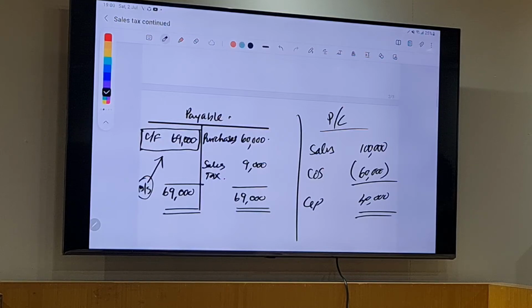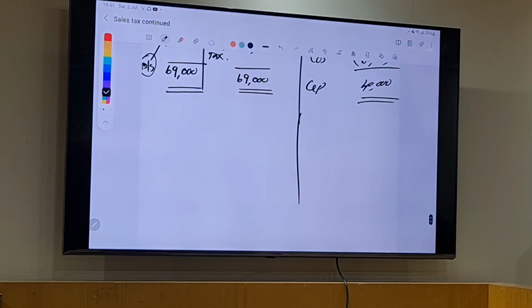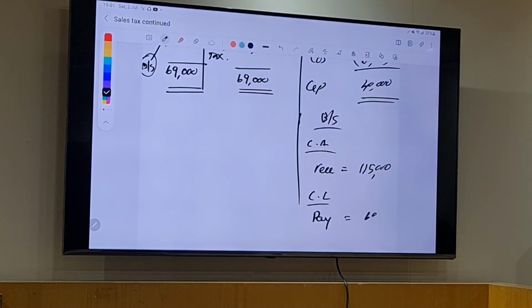Is that clear? Now if you prepare the balance sheet part, under current assets, you have receivable. How much? 115,000. Under current liabilities, you have payable 69,000.